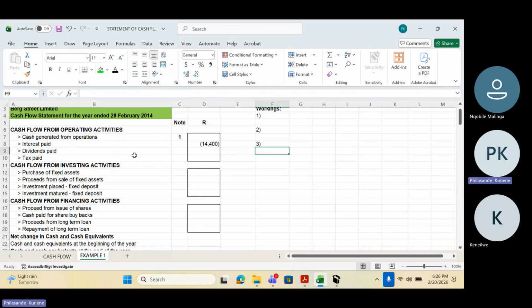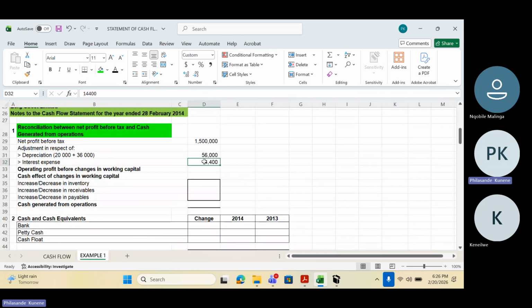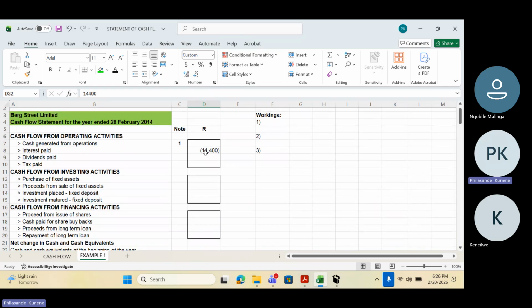I was saying that the reason why I'm canceling it, adding it back, is because it has its own line item. It's not because of being a non-cash item. No, it is a cash item because we do pay the interest.